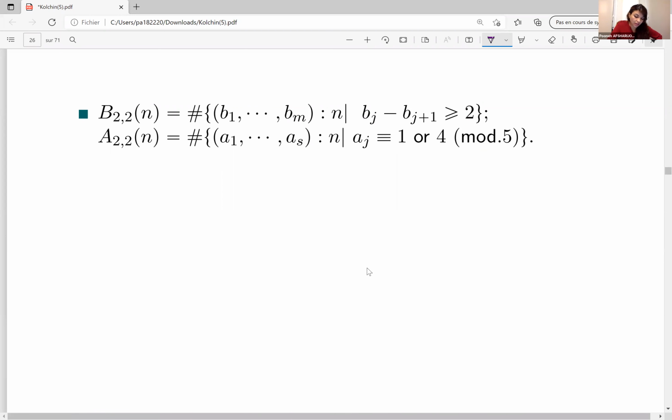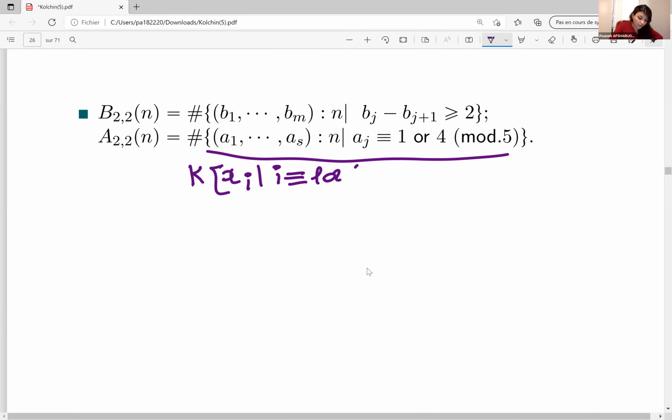So if I want to associate an algebra to these partitions, this algebra will be K of x_i, where i is congruent to 1 or 4 modulo 5. And then the Hilbert-Poincaré series of this algebra is equal to the generating series of A22.